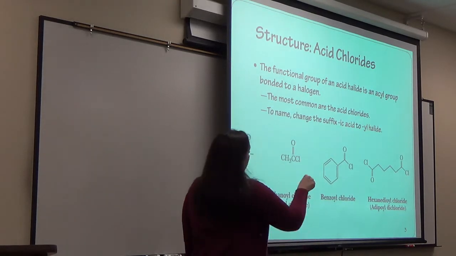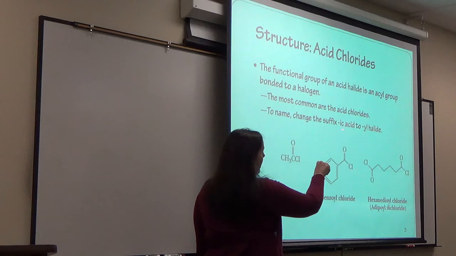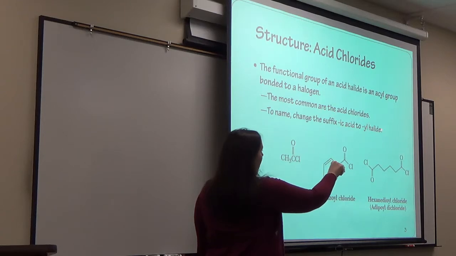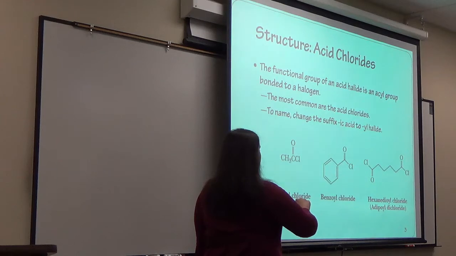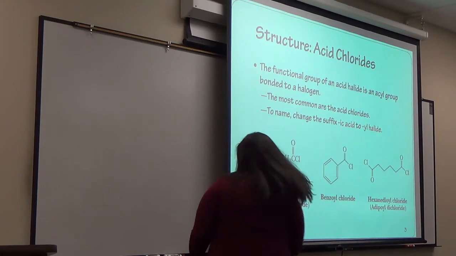So for this, we drop the ic acid, keep the O, and then add yl halide, in this case chloride. So it becomes ethanoyl chloride. Does that make sense? From acetic acid, it would be acetyl chloride.